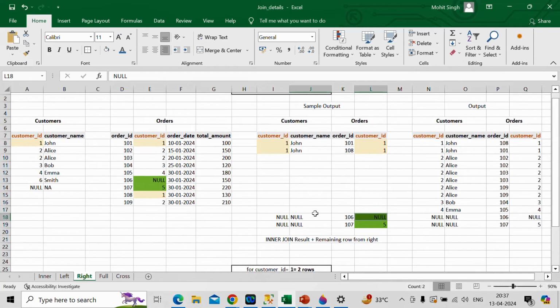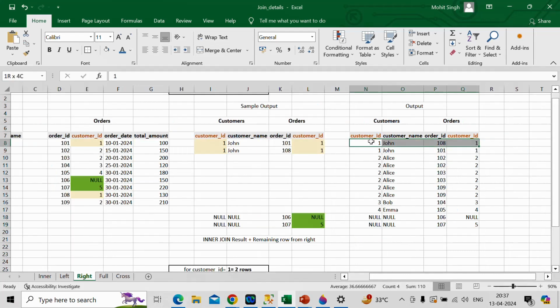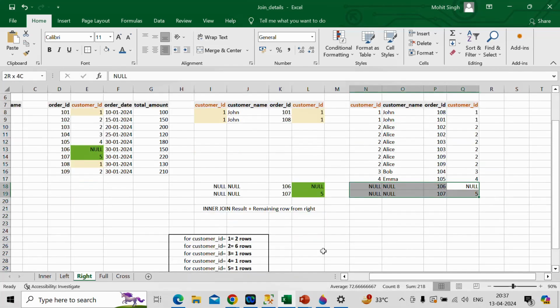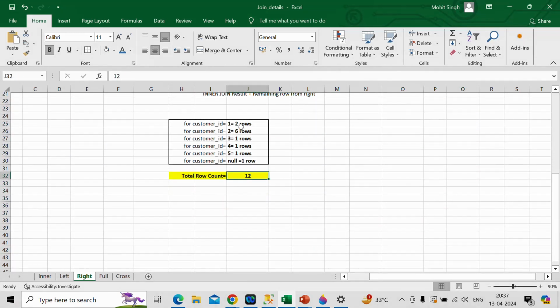And since we don't have any match, for columns related to the customers table, we'll get null. Okay. So this we are getting from inner join, and this null and 5 did not find a matching record in the left table. So we are getting another 2 rows. Okay. So the total is 12 rows: inner plus the remaining rows from the right table, where remaining means those which did not take part in inner join.